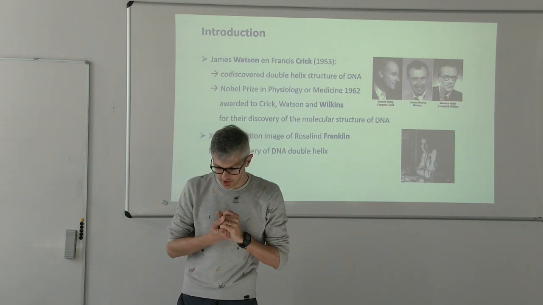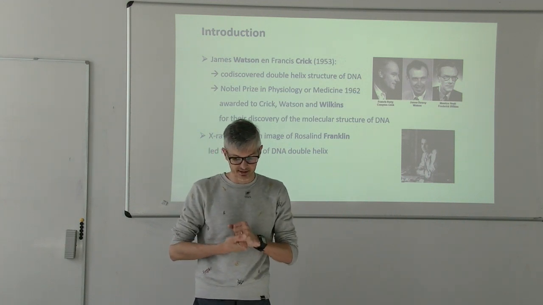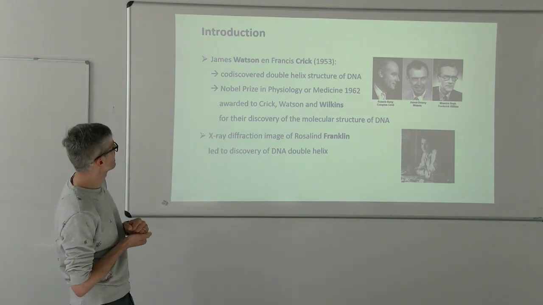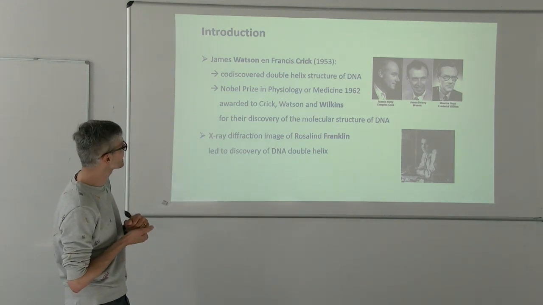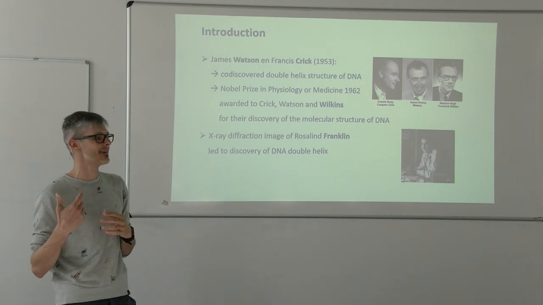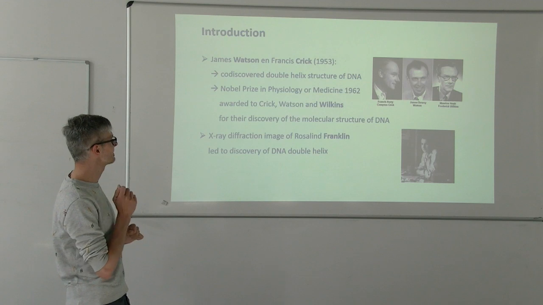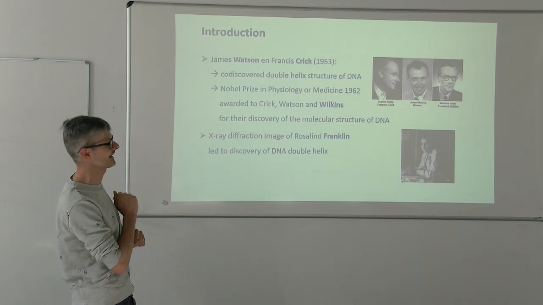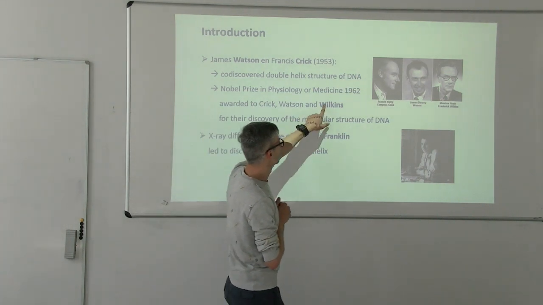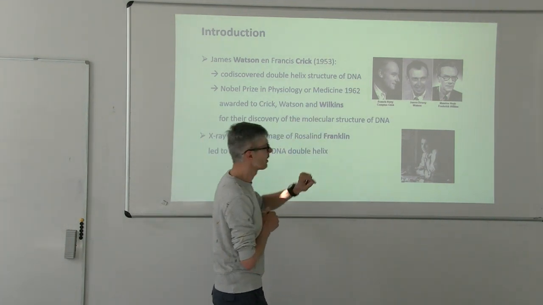Here they are, Watson and Crick. So they actually discovered the helical structure of the DNA, and they also got the Nobel Prize for it, and everybody knows them as Watson and Crick, also the Watson and Crick base pairing, but actually they didn't discover it all by themselves. I don't know if you know that. There are also credits that go to Wilkins and actually also Franklin.